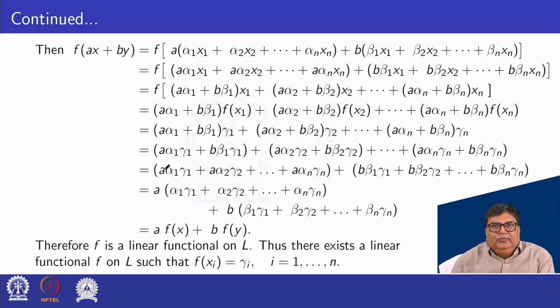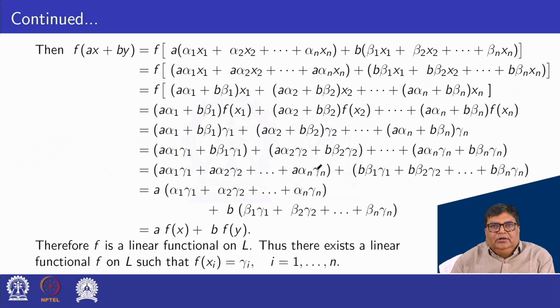Okay, so we can write this in two terms: a alpha 1 gamma 1 plus a alpha 2 gamma 2, plus and so on, a alpha n gamma n, and the second term as b beta 1 gamma 1 plus b beta 2 gamma 2, plus and so on, b beta n gamma n.